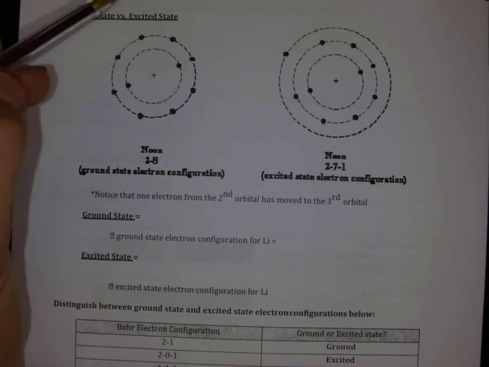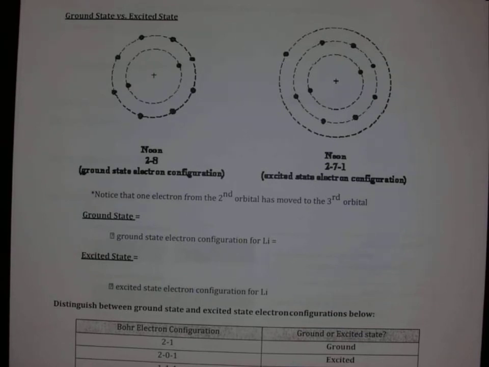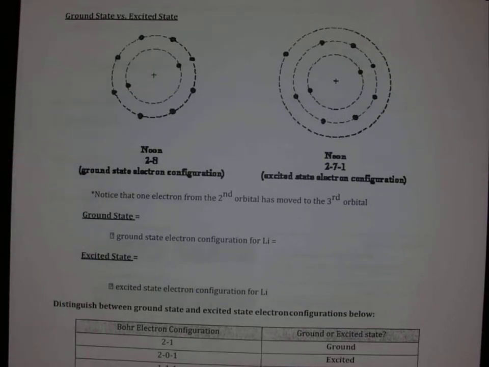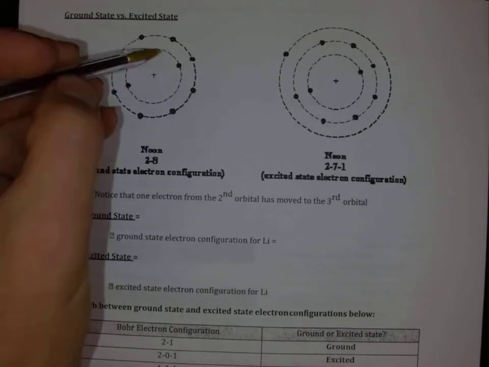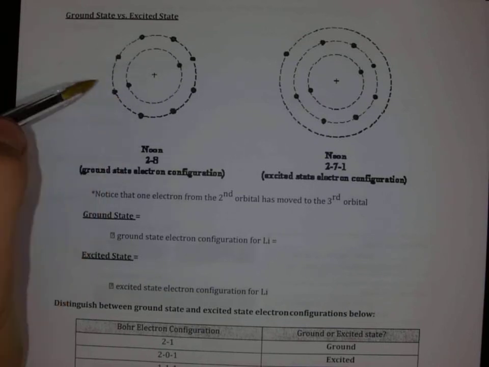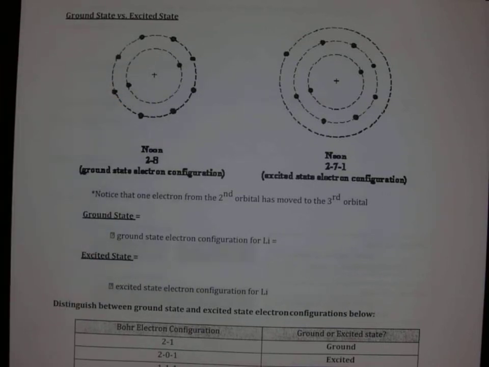To do that, we look at the ground state versus the excited state, okay? So for neon, we know that neon as a normal atom, an uncharged atom, would have 10 electrons. So 2 of those electrons are going to go into the first energy level. That's why we have a 2 here. And then 8 of our electrons are going to go into the second energy level.